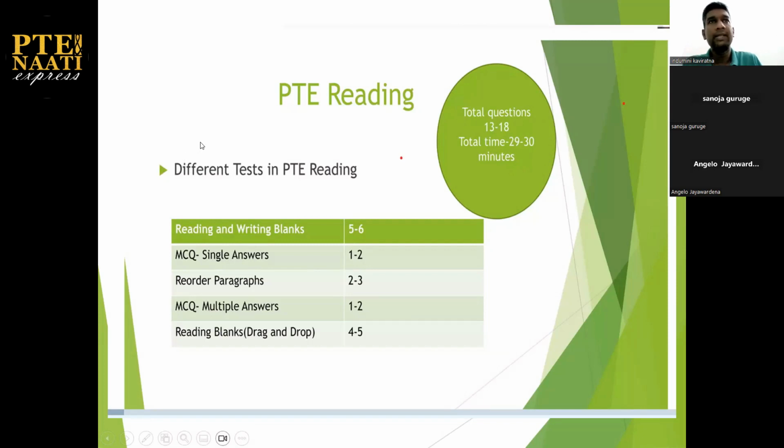Yes. So with regard to this PTE reading examination, there are different tests in the PTE reading session. For an example, we have this reading and writing blank question type, where there will be nearly 5 to 6 questions, or within one question, there will be 5 to 6 blanks that you need to answer.